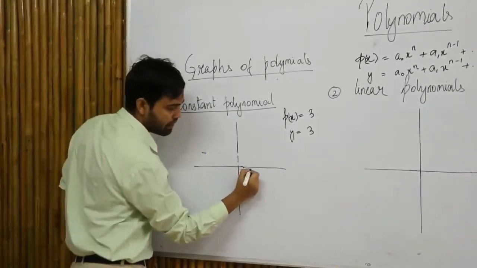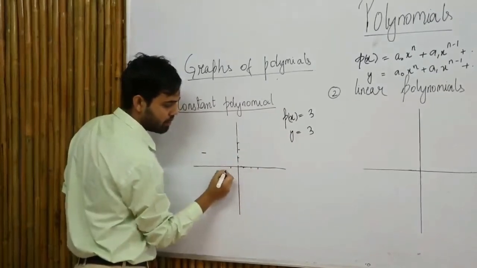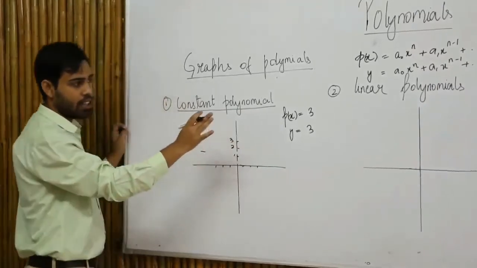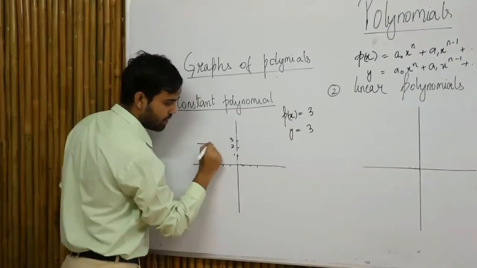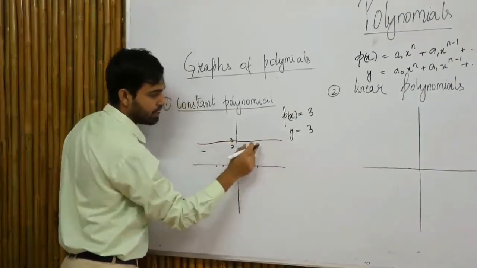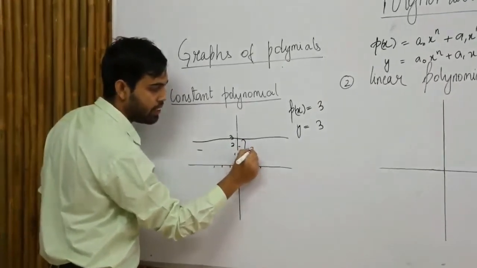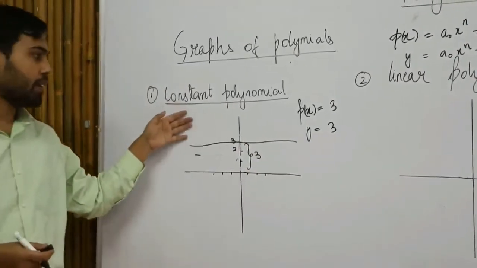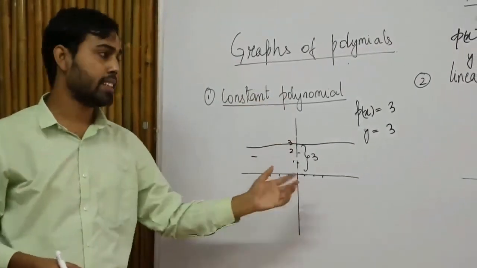So I have 1, 2, 3 on each axis. The graph of this particular polynomial will be a straight line which is parallel to the x-axis, and it is at a distance of 3 units from the x-axis. So keep this in mind: for constant polynomials, the graph of the polynomial will be parallel to the x-axis.